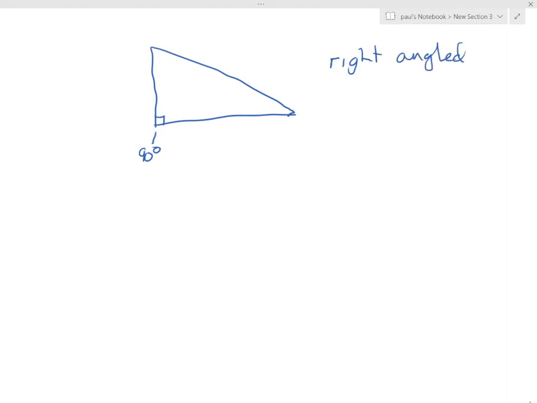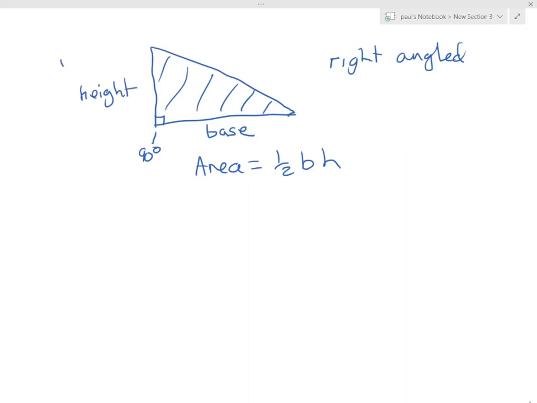Now, how to work out the area of a right angled triangle? It's the area equals half BH, and the B stands for base and the H stands for height. Now this must be the vertical height, not slopey lines.